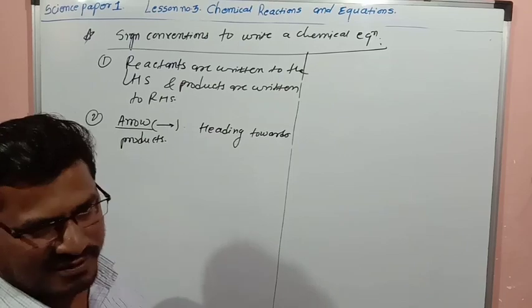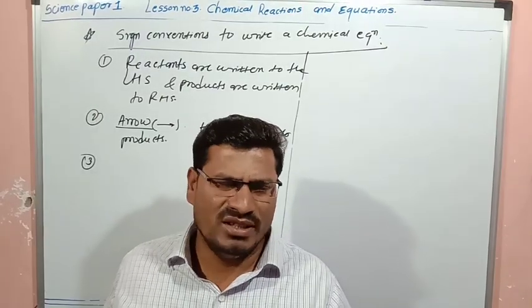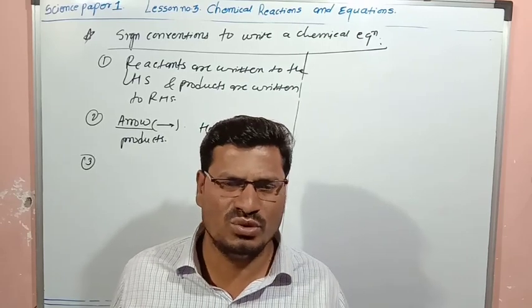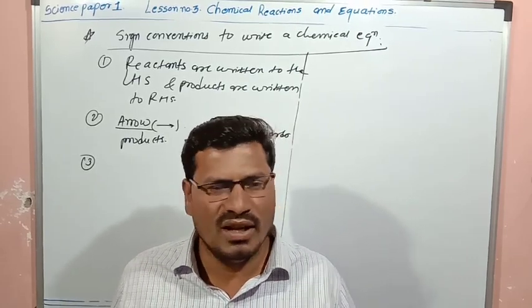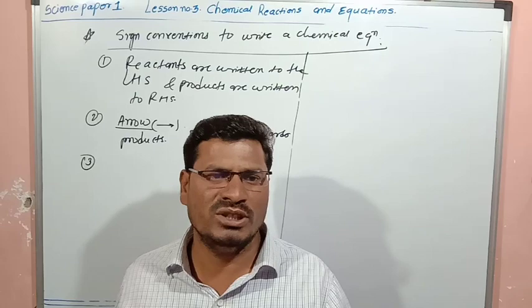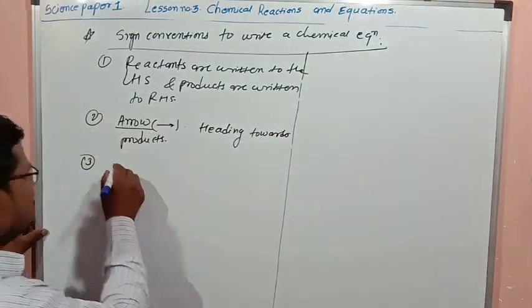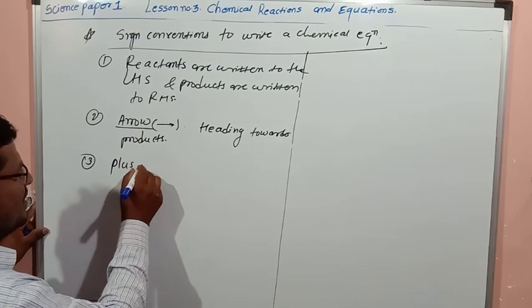The third point: suppose in the reactants there may be two or more reactants together, or sometimes 2-3 products together. The next point is the plus sign.